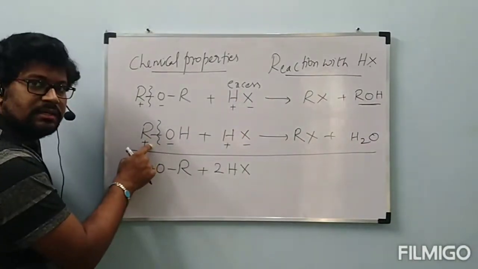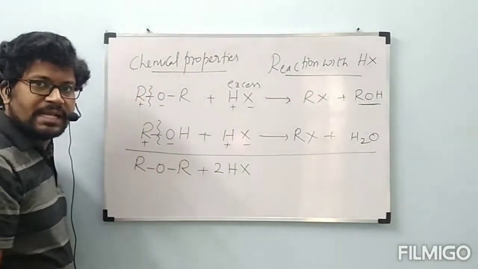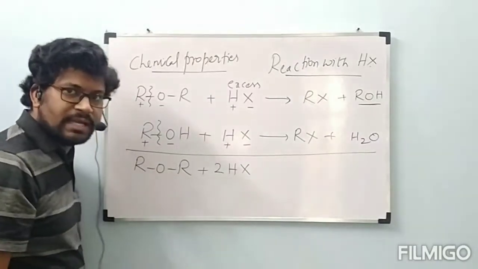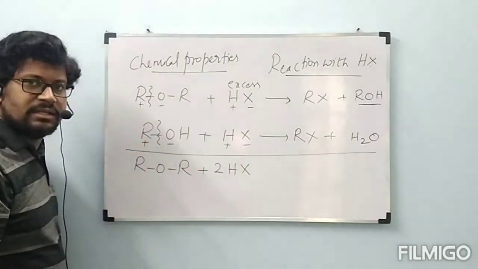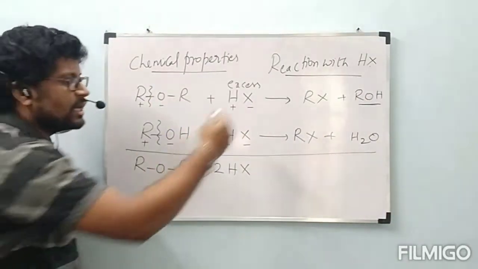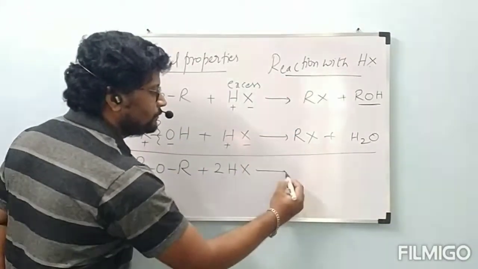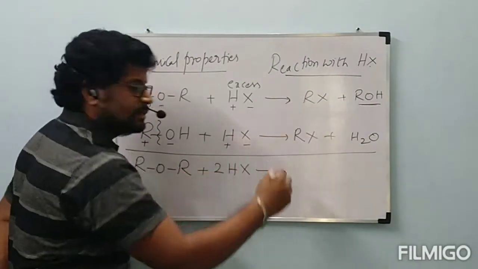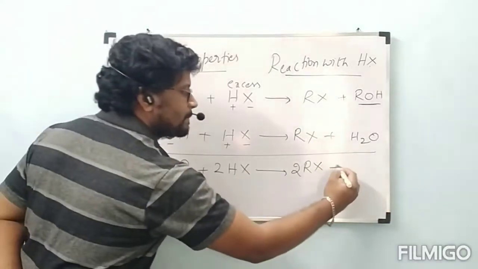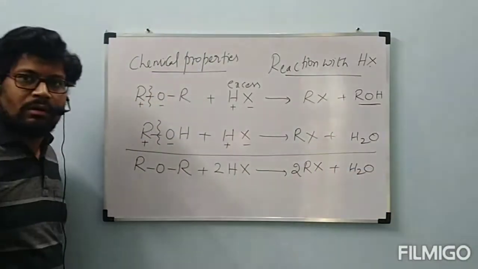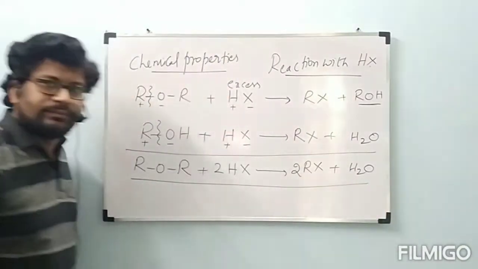This ROH and this ROH are the same, so they cancel in writing the overall reaction, since one is on the right side and the other on the left side when we add the two reactions. Then we get 2 moles of RX plus H2O. This is called the overall reaction.